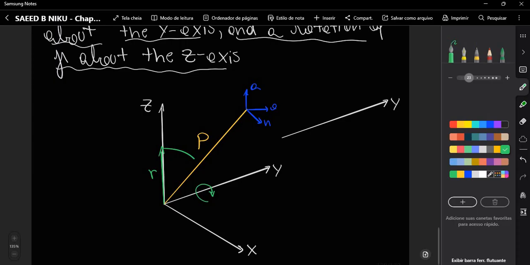And after this is another rotation transformation about or around the z-axis. Now it's up to you. How can we do a rotation around the z-axis as we are on this point?